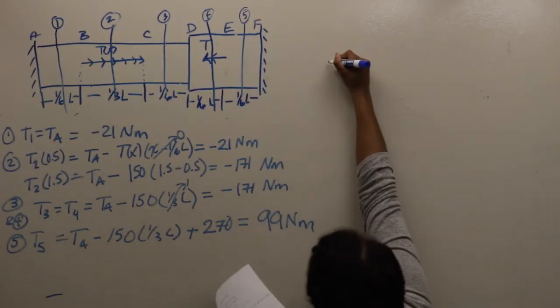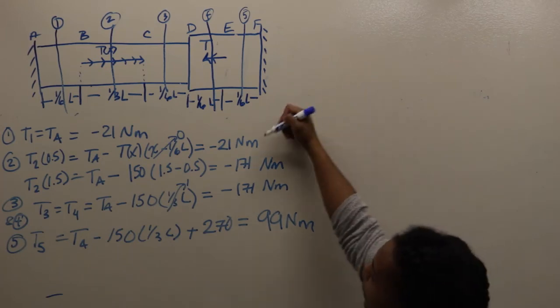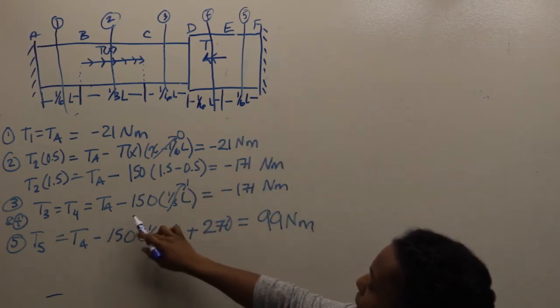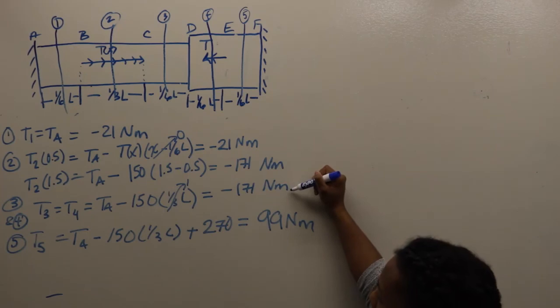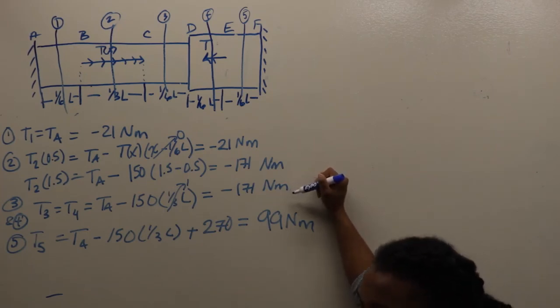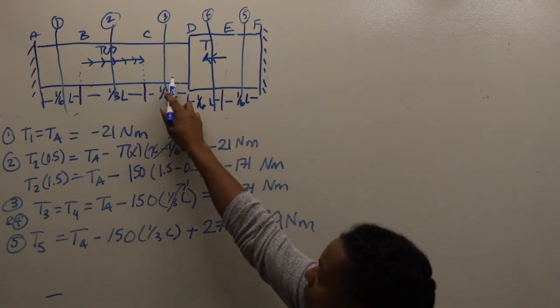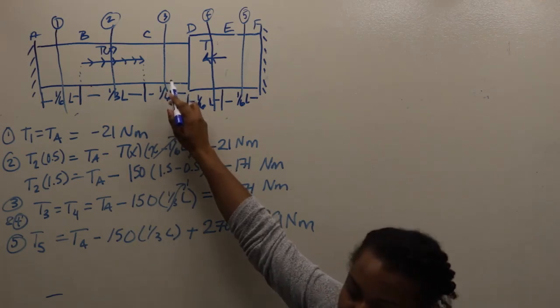The max shear stress occurs with the internal torque of T3. And I say T3 instead of T4 because this has the smaller diameter, meaning that it will experience higher stress.